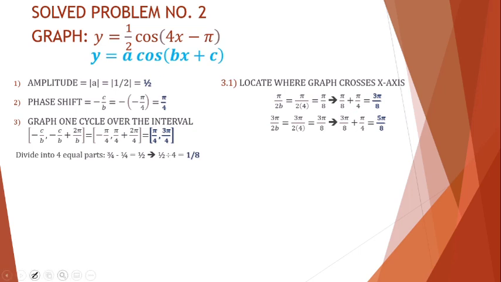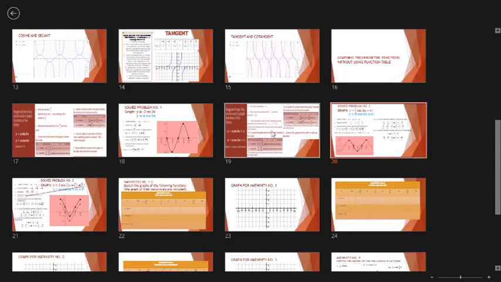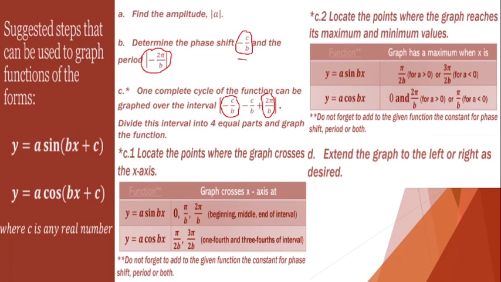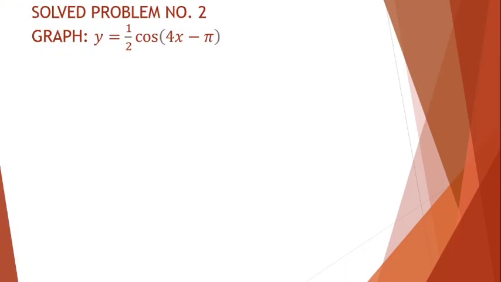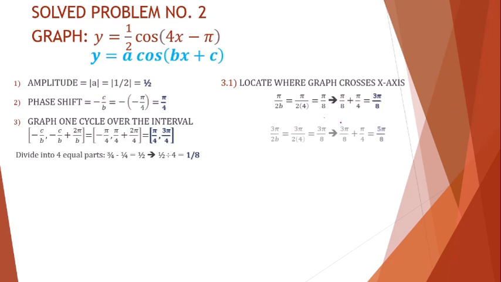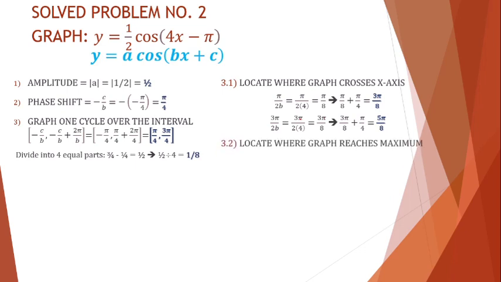Diba kanina ang sabi sa nakaraang slide, do not forget to add to the given function the constant for phase shift, period, or both. Ganun lang. Okay? Next, locate where graph reaches maximum. Okay, maximum. So, ito.